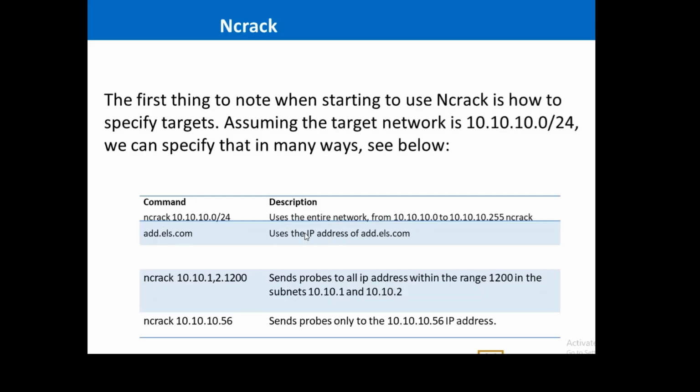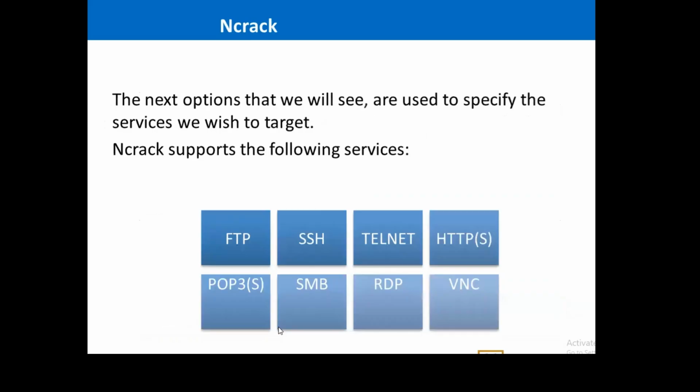You can also do Ncrack if you want to scan the first 1,200 IPs, you do this, 10.10.1,2.1-200. And if you want to probe a particular IP, just do that.